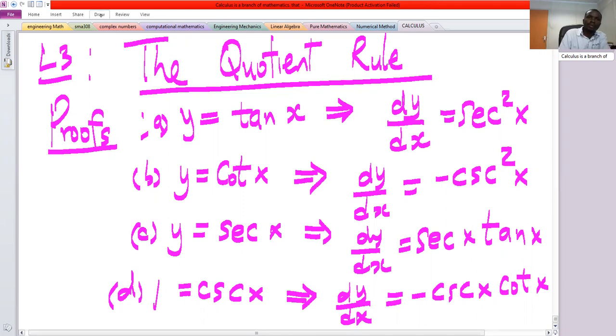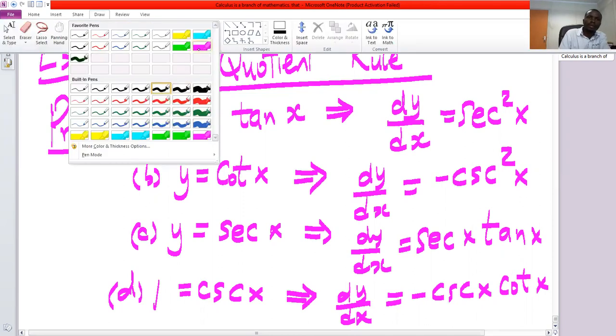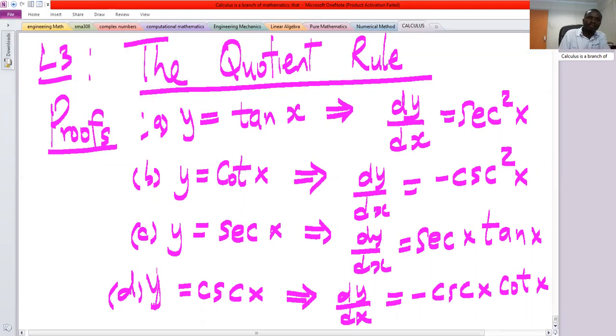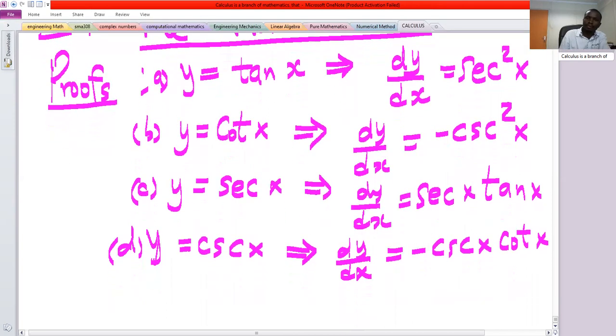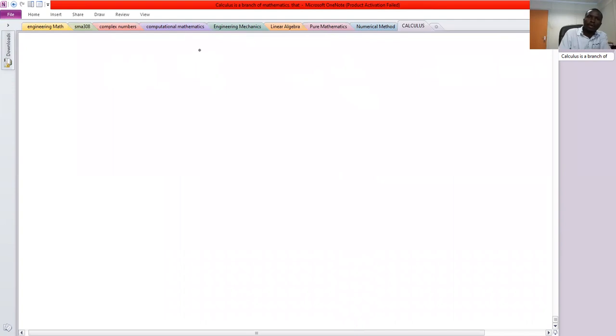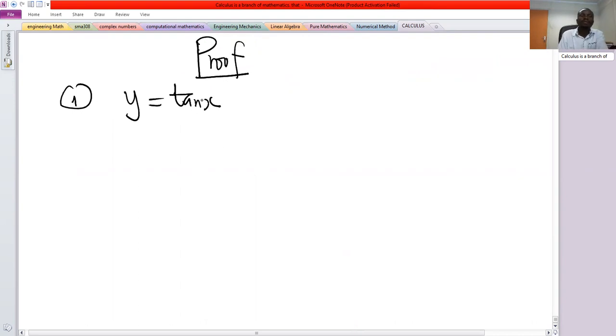So let's quickly see how we prove this. Proof of the first one, y is tan x.